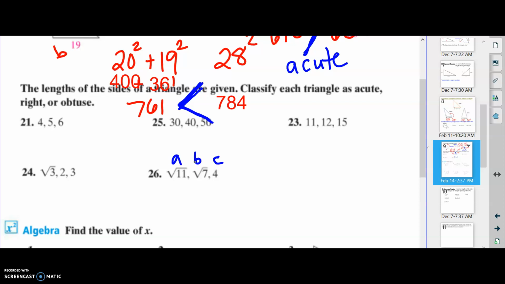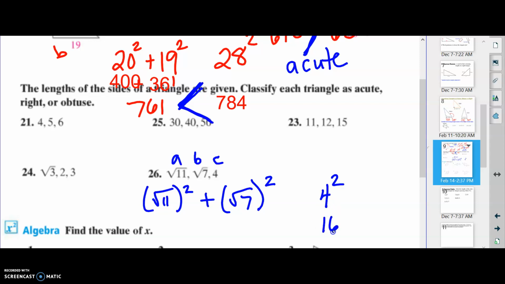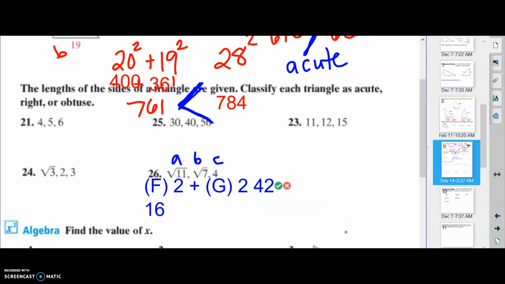All right. So A squared plus B squared, and then C squared. All right, well, I know C squared is 16, okay? So now we have to figure out the other parts.